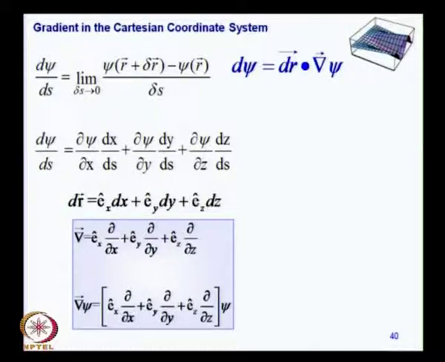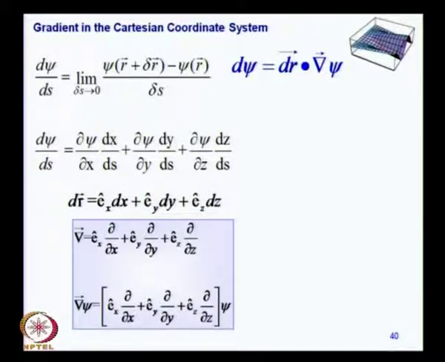So, you do not have to remember that the gradient is Ex times del psi by del x plus Ey times del psi by del y. That is correct of course, but you do not have to remember it. What you do have to remember is that the gradient is such a vector that its scalar product with a displacement vector will give you the change in the value of the function when you consider the change in the particular direction of the displacement vector dr. That is where the physics lies.